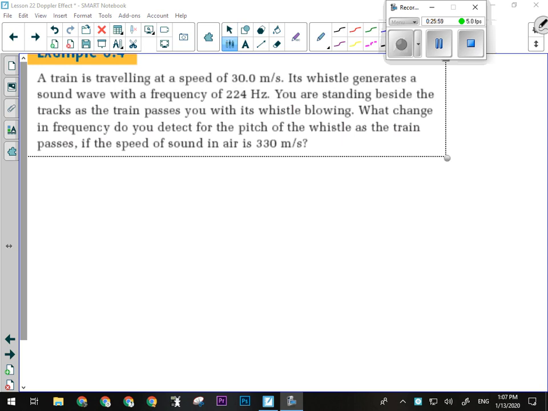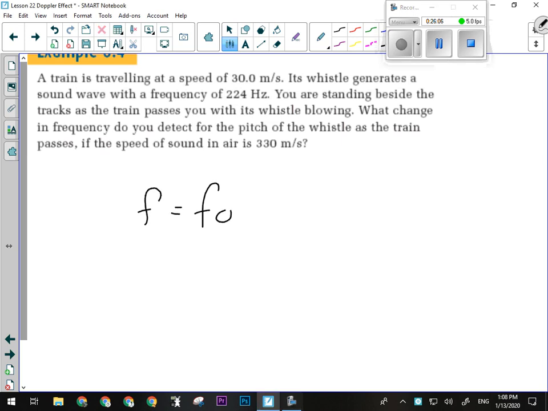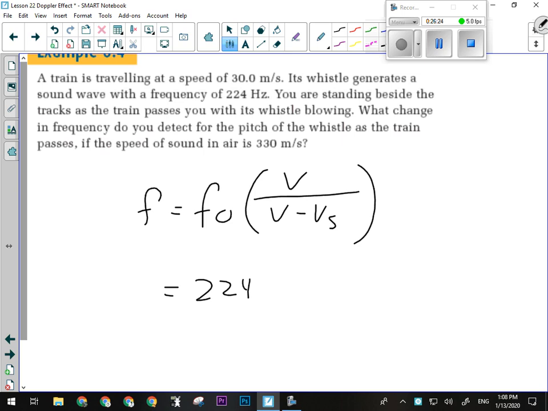Okay, so let's have a look at this one. We don't have to manipulate the formula for this one. So we're solving for the perceived, or Doppler shifted, frequency. So we're looking for F. We know what FO is, and we know that we have V. And are we adding or subtracting here? We're subtracting. As the train passes, it's moving towards me, so that's V minus Vs. So all I have to do is plug in my numbers. That's going to be 224, the actual or original frequency, multiplied by 330 over 330 minus 30.